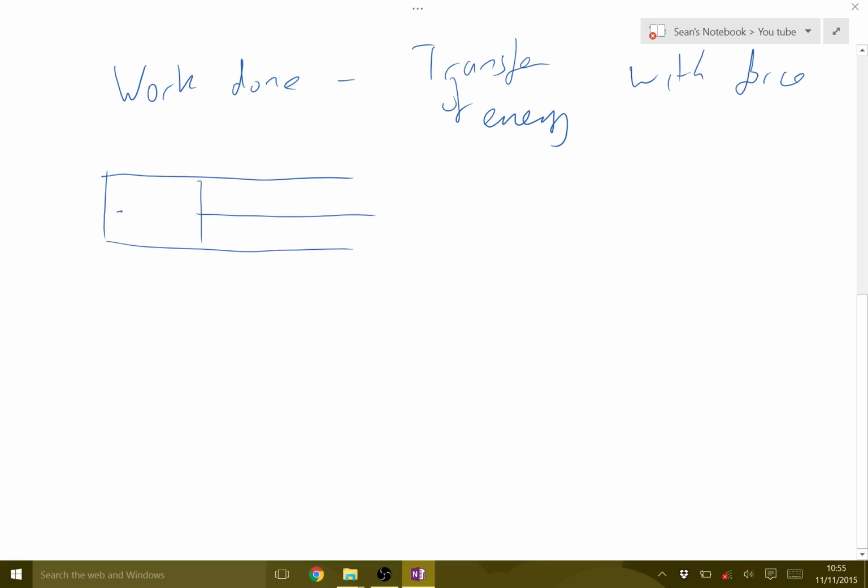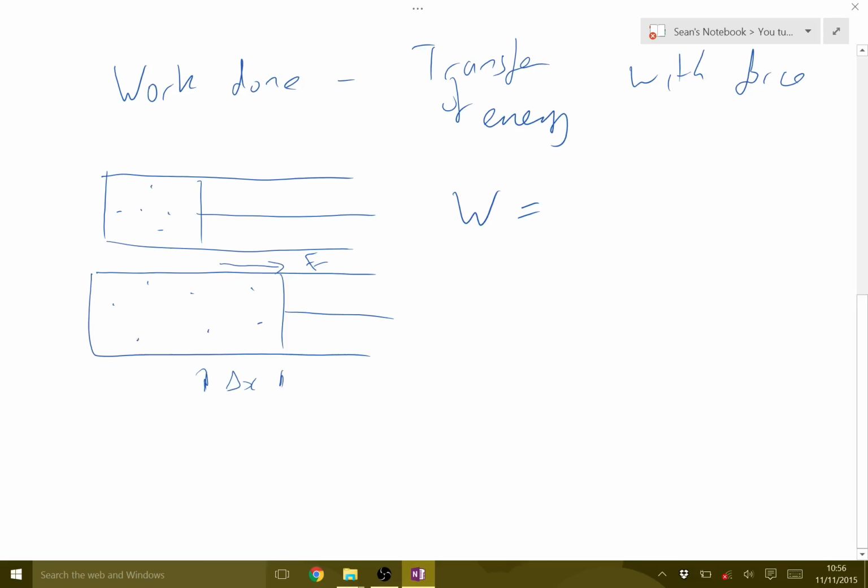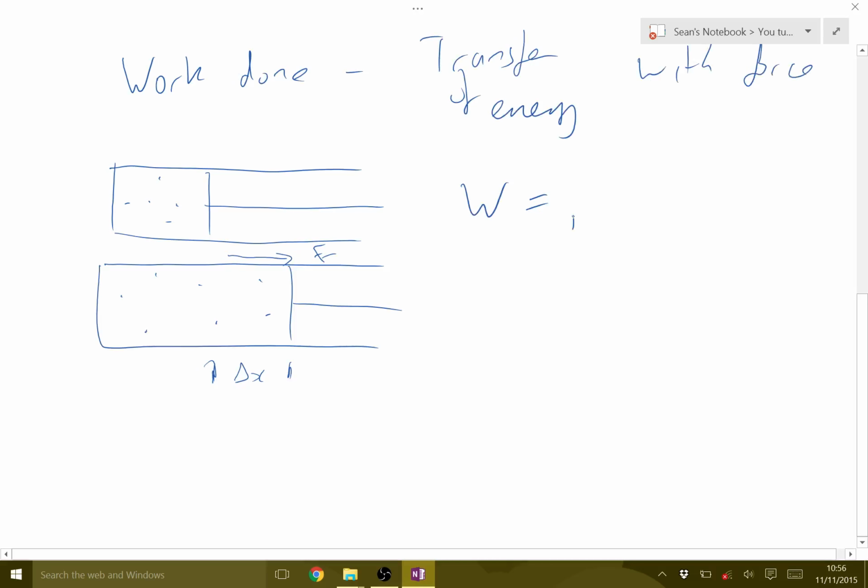We've got our gas inside the piston, and a change takes place and the piston gets pushed out, so the gas expands, and this distance is delta x, and we know that the gas is pushing with a force of F. Now we know that work done, W, is force times the distance moved in the direction of the force. So F times delta x.